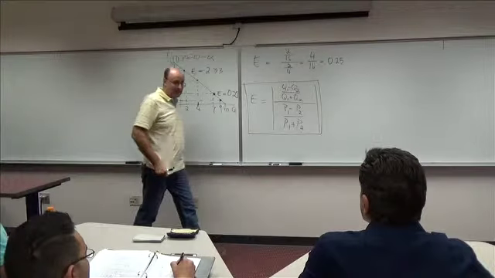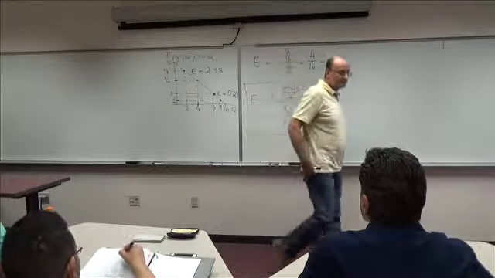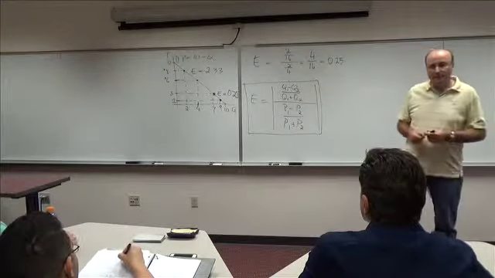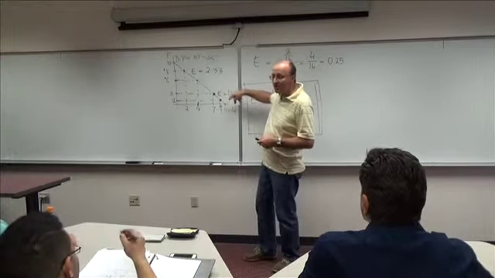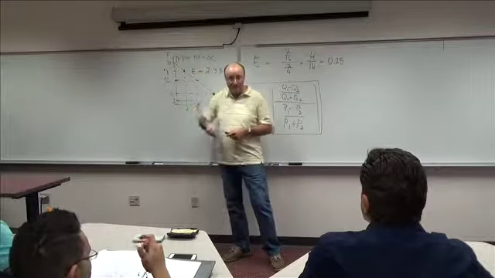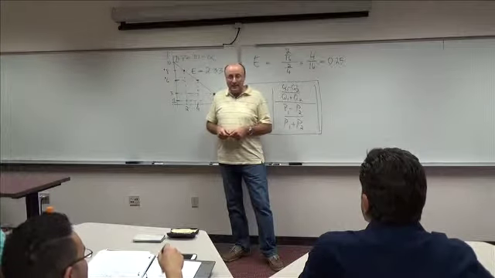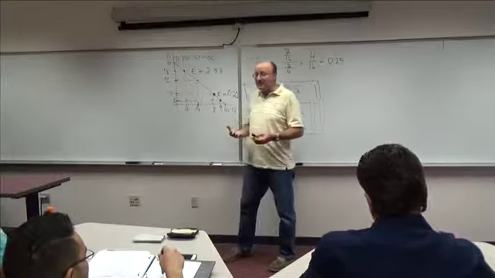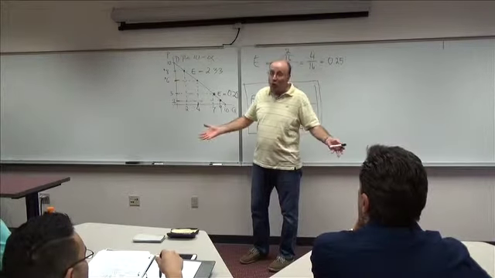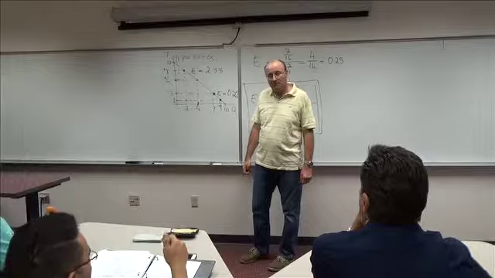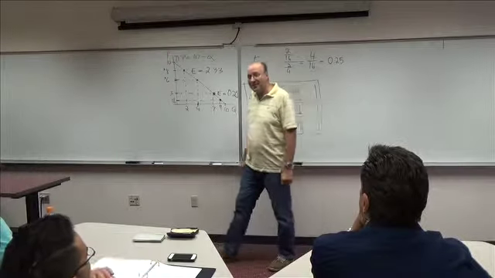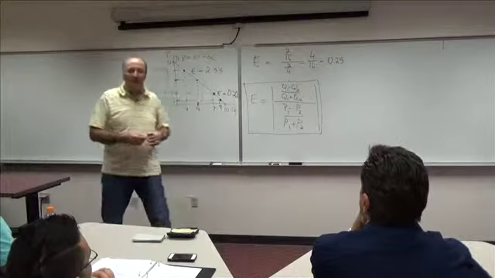What does this tell you guys? First of all, it tells you that elasticity is changing along the demand curve, right? Is it true that elasticity is the same thing as slope of the demand curve? Not really.